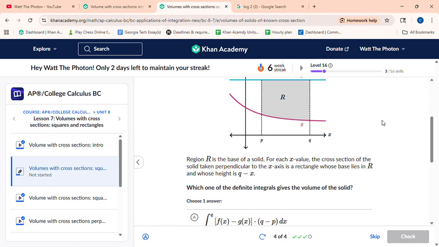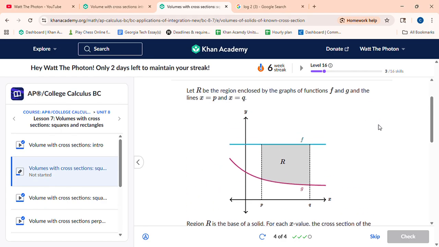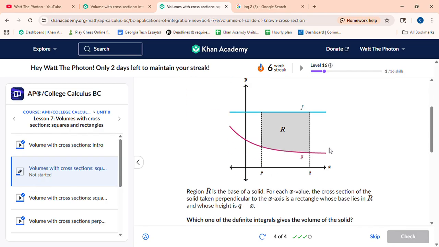We have height, so the integral from p to q of q minus x times f of x minus g of x. f of x minus g of x.